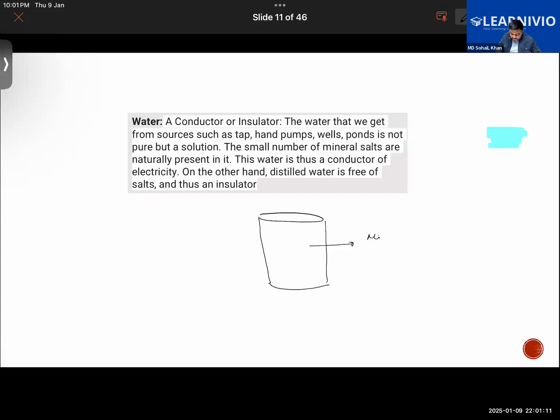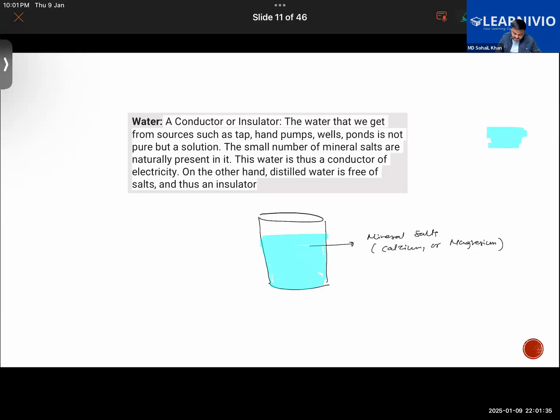So mineral salts are present. Example is that of calcium or that of magnesium, right? And the major component of that water is basically water only, apart from this, that it contains some mineral salts in it.